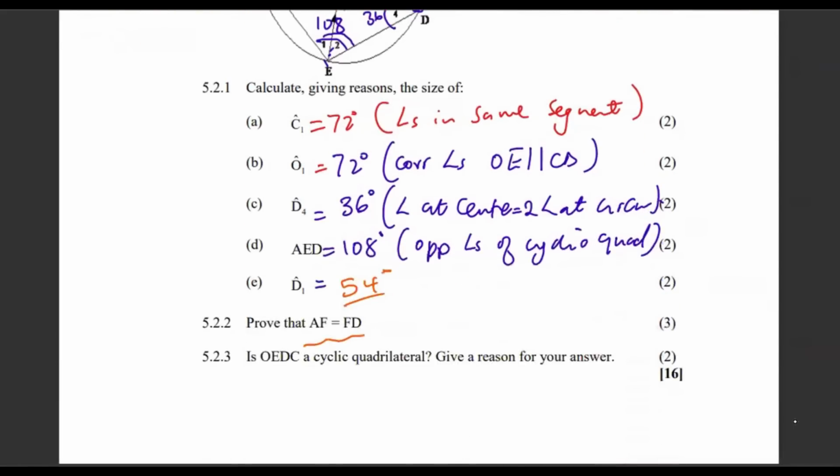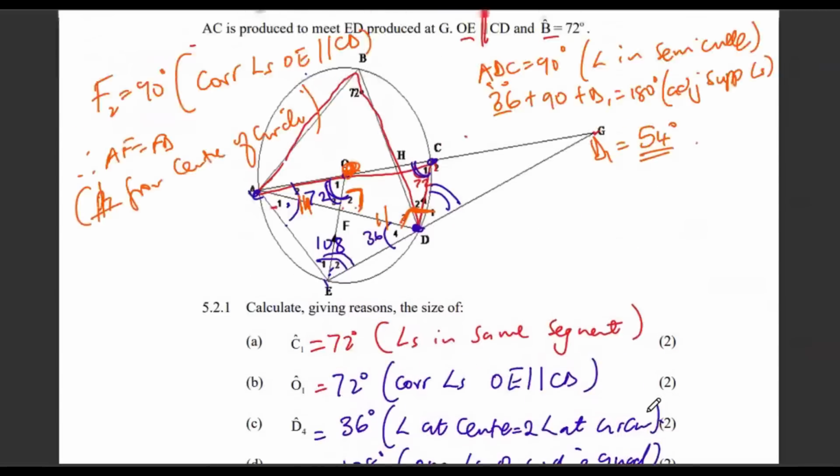Okay. Then lastly, can we prove that OEDC is a cyclic quadrilateral? Let me just clear this out. Prove that OEDC is a cyclic quadrilateral. We say this is a 36.